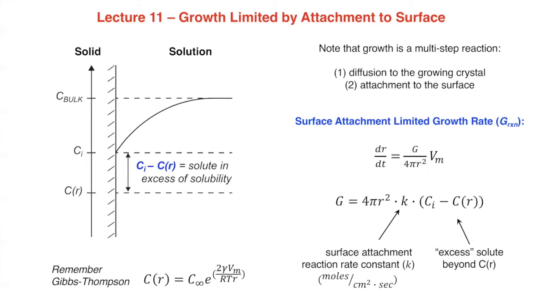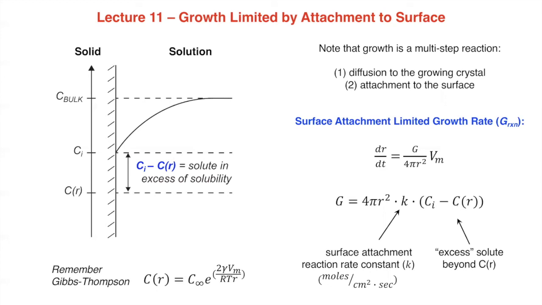Okay, and you still have this linear growth rate in the surface attachment limited case, but now you have some attachment rate constant k multiplied by the area of the crystal and the concentration of solutes that are available for growth. This concentration is really the C_i minus the solubility of the crystal.